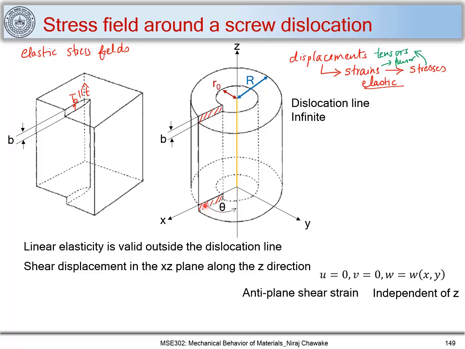This displacement varies with respect to theta, which I have marked here. Let me write it down. Let's say you are at this plane, and this is the origin. When you move 2 pi, you will end up at a plane above it.